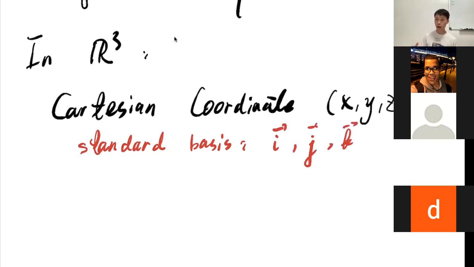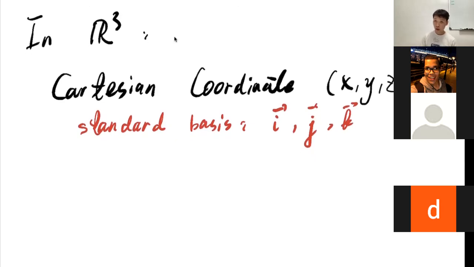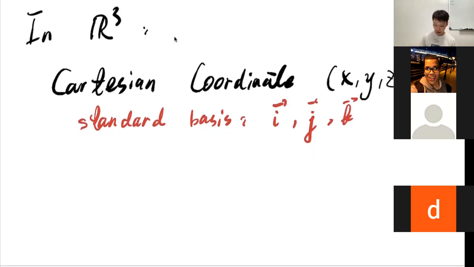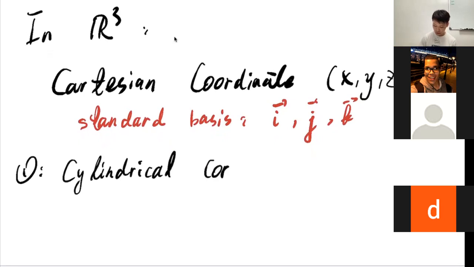They represent unit vectors in the x, y, and z directions respectively. If we want to change the coordinate system, what other coordinate system do we have in R3? One option is called the cylindrical coordinate system.